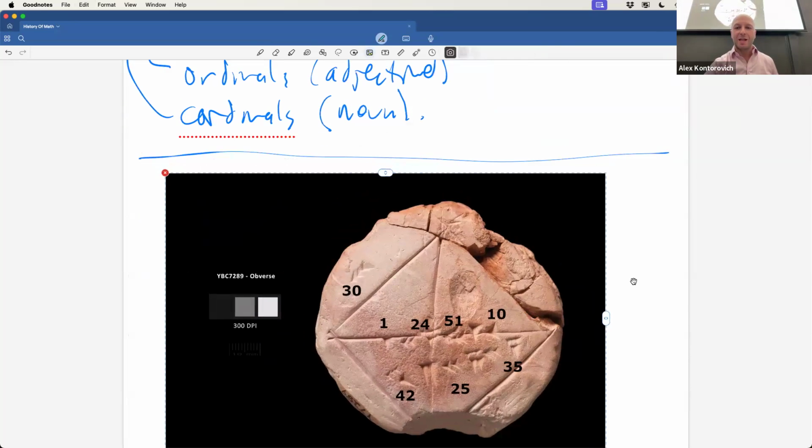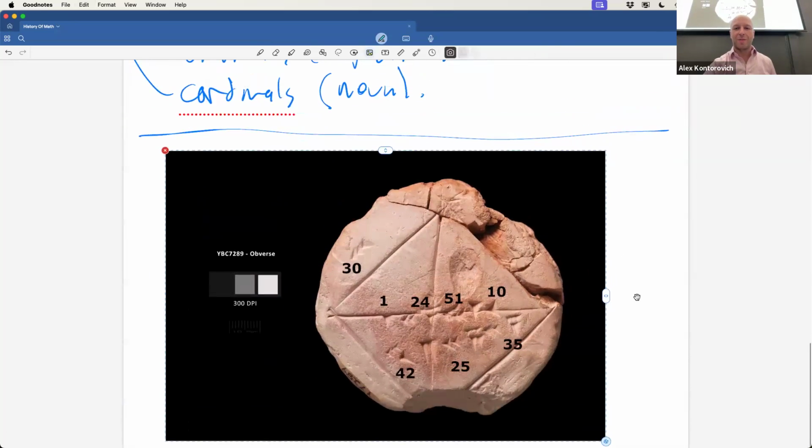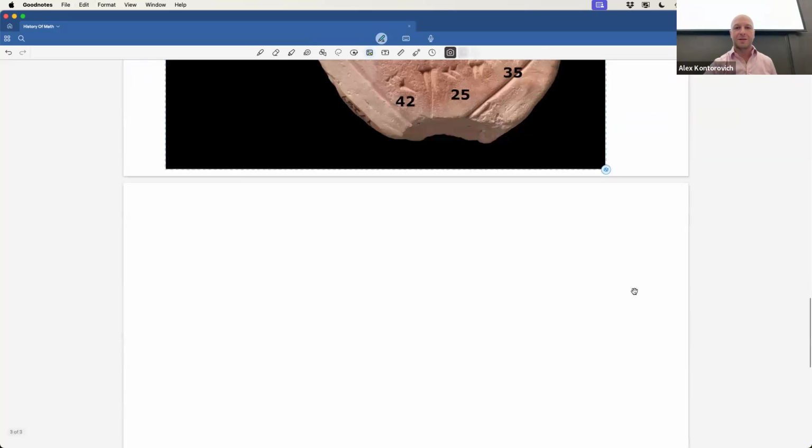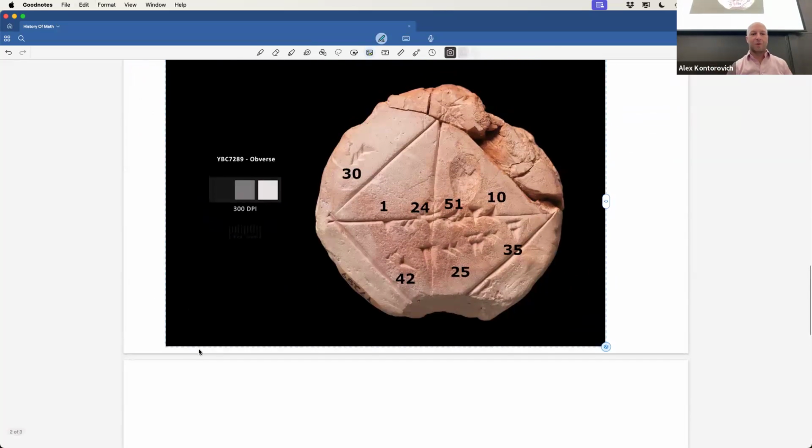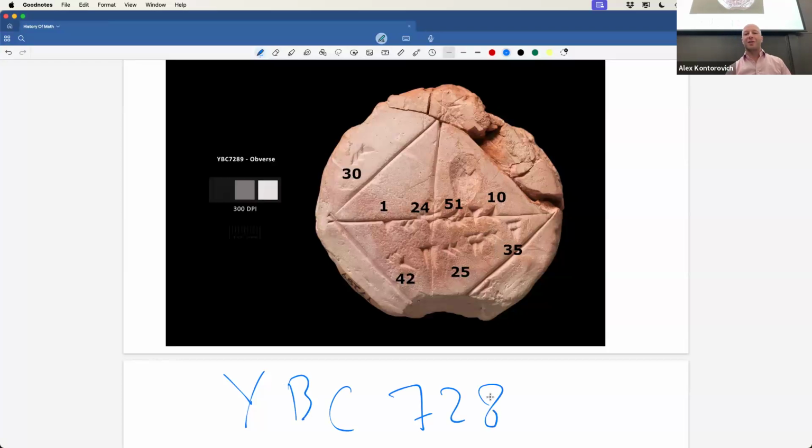Okay, this is called YBC, the Yale Babylonian Collection. There are thousands and thousands of these; you start digging in Iraq, in Iran, in Syria, and you just find stuff, and the stuff is all over the place.